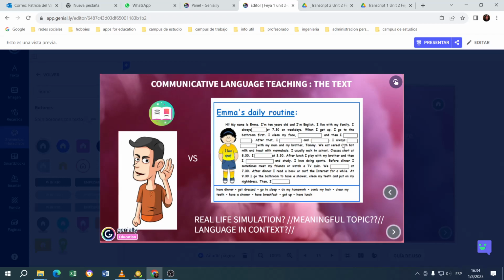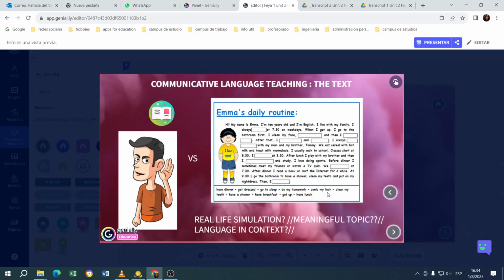Emma's daily routine is an exercise which represents a structural view of language, where the only concern is to expose students to repetitive language, a language feature, simple present, and rehearses, practices, groups of words, actions, routines.